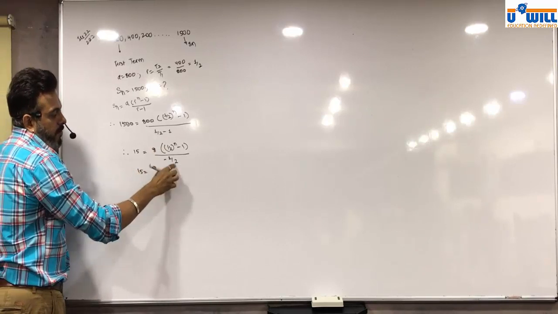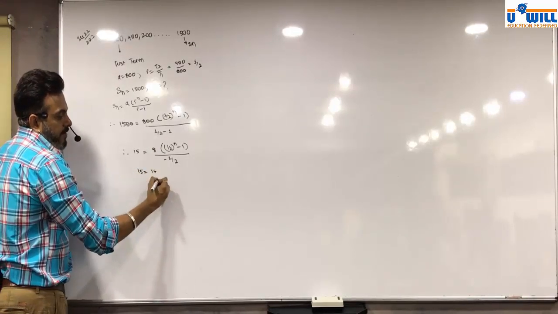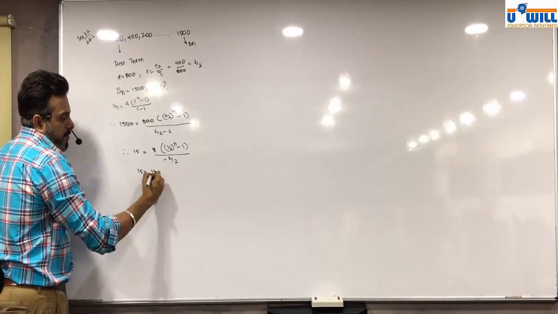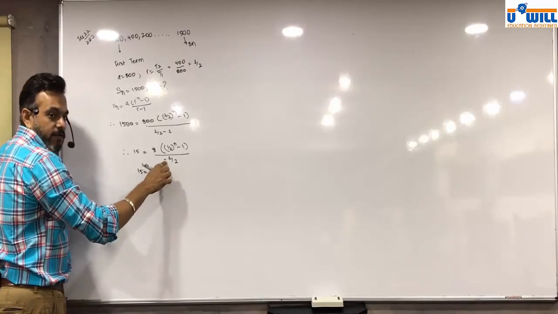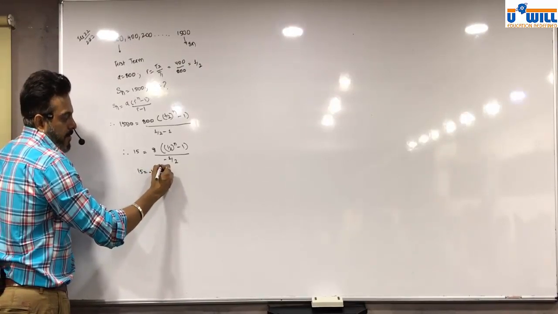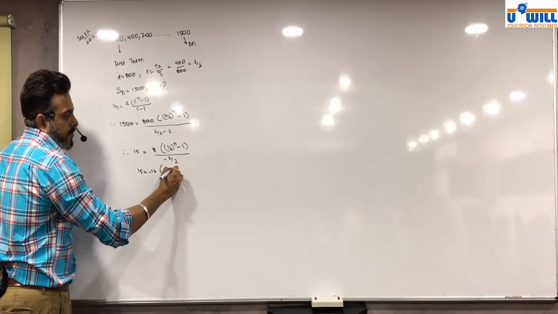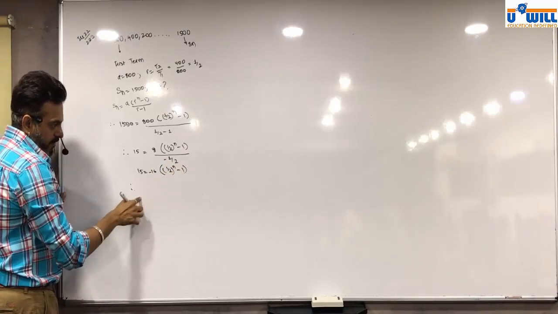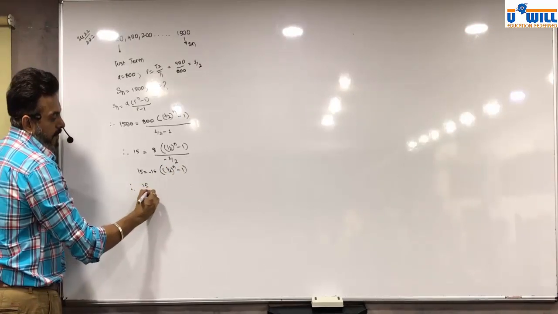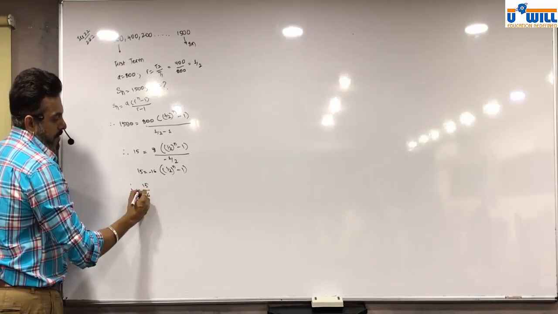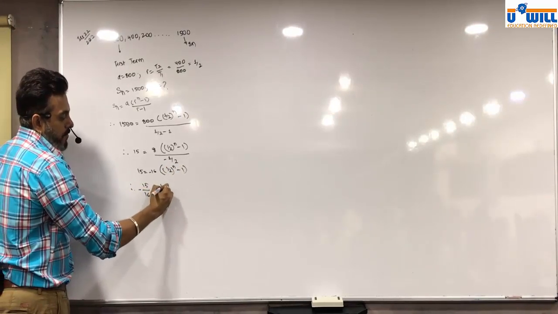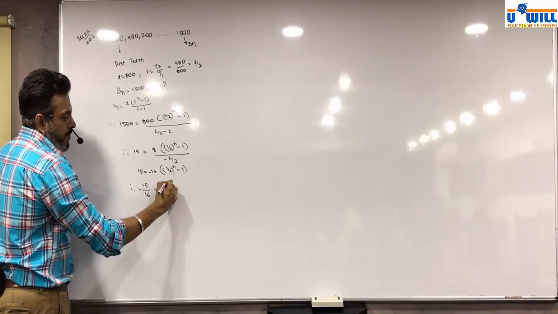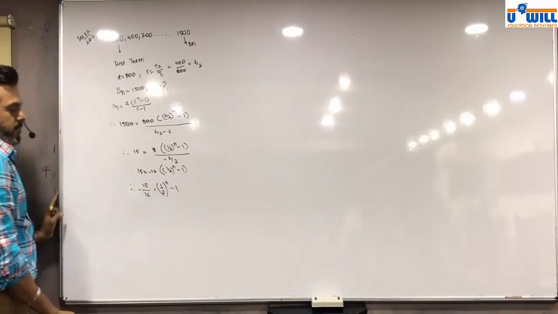So 15 is equal to 8 2s are 16. Negative हो जाएगा because this is minus in the bracket 1 by 2 whole raised to n minus 1. Therefore, ये 16 यहाँ पे चला जाएगा. 15 upon 16 negative is equal to 1 by 2 raised to n minus 1.